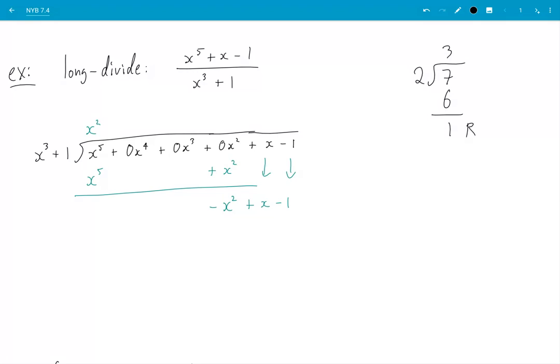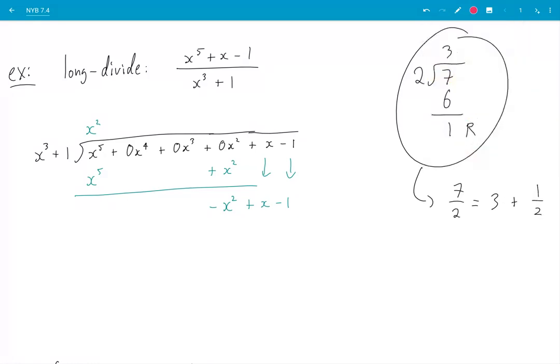This would tell me that 7 over 2 is equal to 3 plus 1 over 2. Now look at where everything ended up. This 1 ended up on top here. This 2 ended up here. And the quotient 3 ended up here.